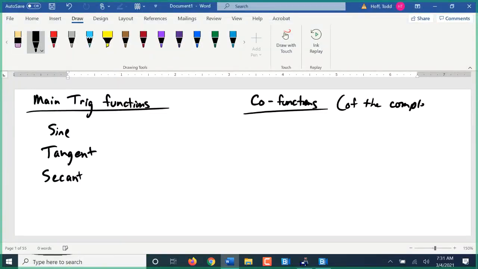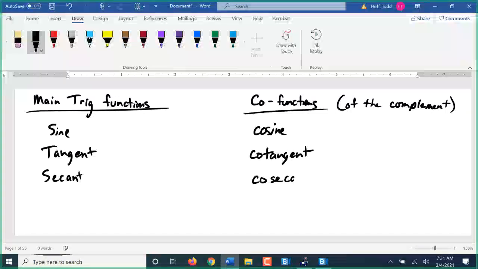The co means complement. So the cosine is asking us for the sine of the complement of that angle. The cotangent, again, the tangent of the complement. Or the cosecant, the secant of the complement.